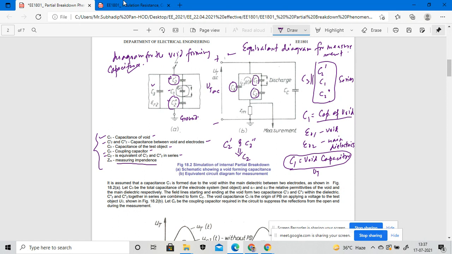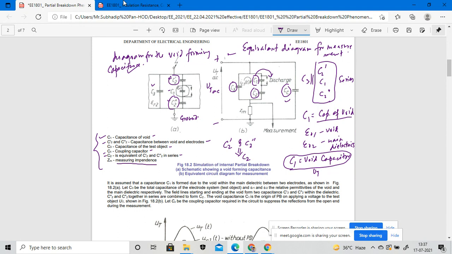C2 is generated due to the combination of C2 dash and C2 double dash. This discharge process will be taken into consideration in the void capacitor, and we connect the coupling capacitor CC, for which requirement we have to connect this.